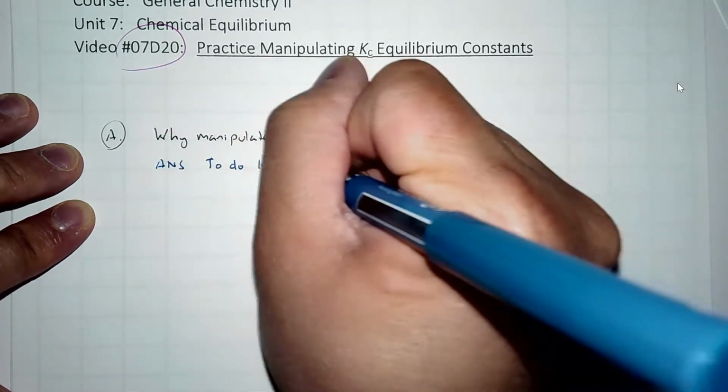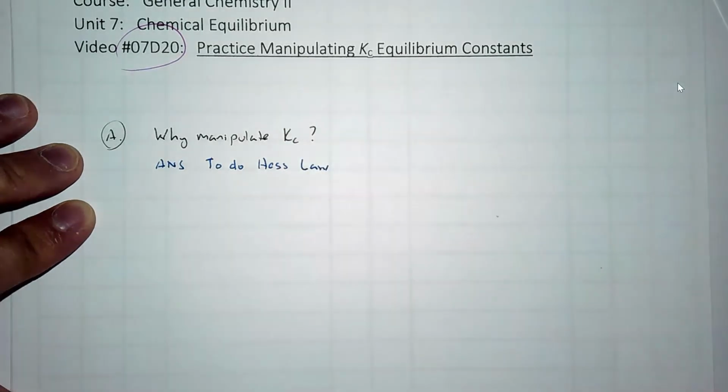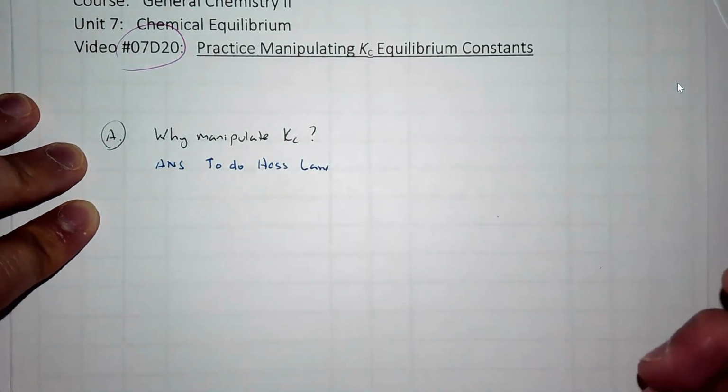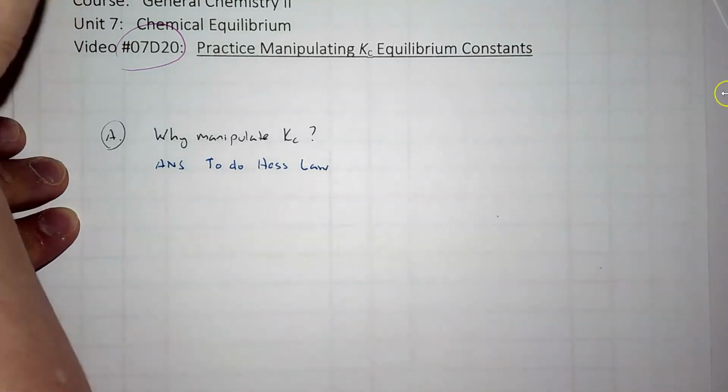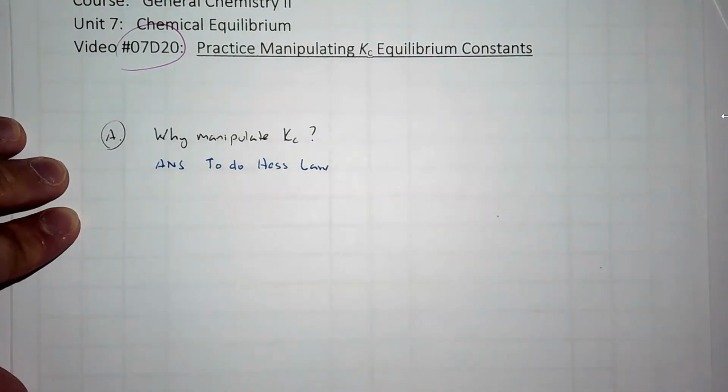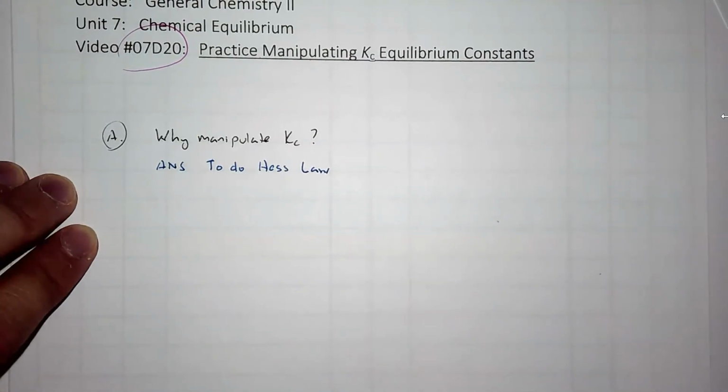Do you remember Hess's Law? You can add several reactions together to get a target reaction by canceling out compounds that appear on both sides of the reaction arrow.